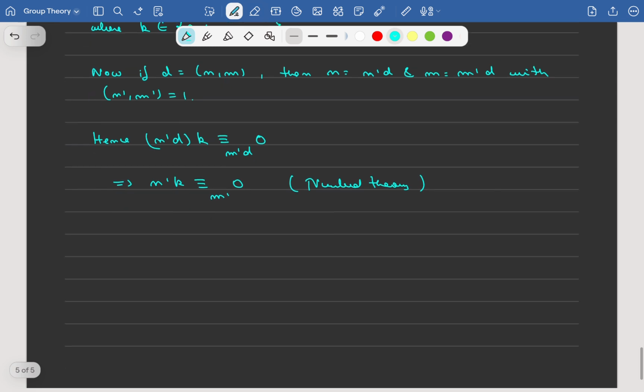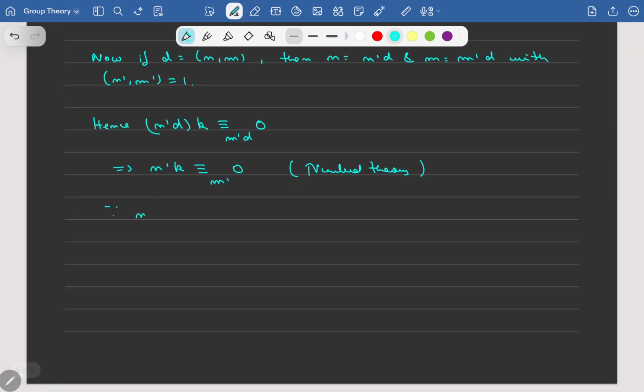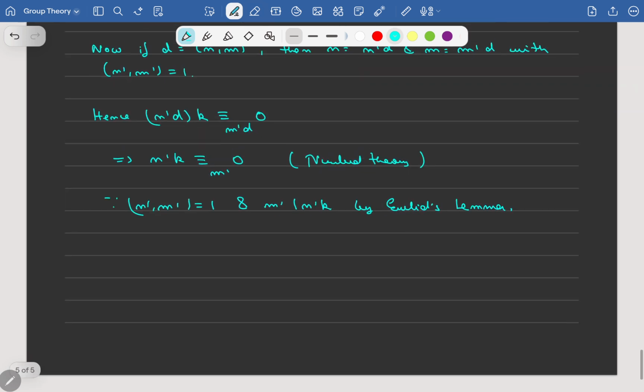Okay, now since n prime and m prime have their GCD to be 1, and m prime divides n prime times k, by Euclid's lemma, see how much number theory is actually involved in typical algebra. What do I have?